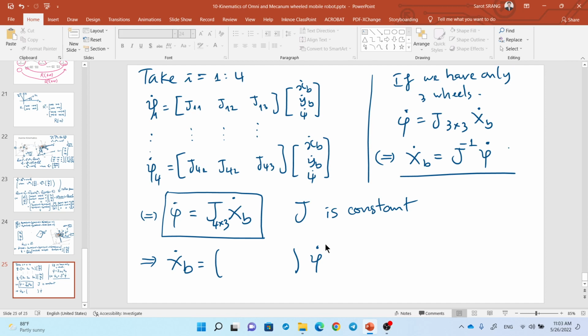So if the fourth wheel is controlled properly, it rotates properly, it can help the others. It's like if you have three unknowns but four equations, the three equations have a solution. But if that solution does not satisfy the fourth equation, it means you don't have a solution. But if the solution also satisfies the fourth equation, it means yes, we have a solution.